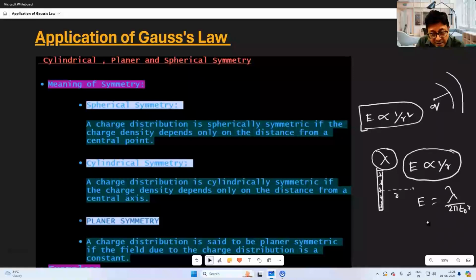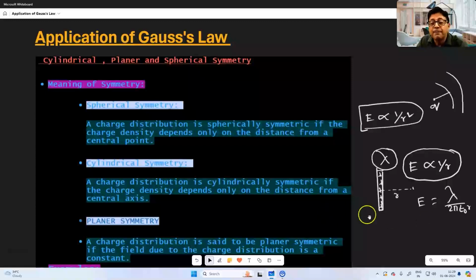In this session, what is our aim? Our aim in this session is to avoid complicated integration to find the strength of electric field due to a continuous distribution of charge, etc.